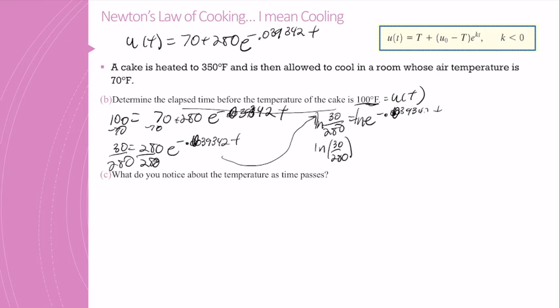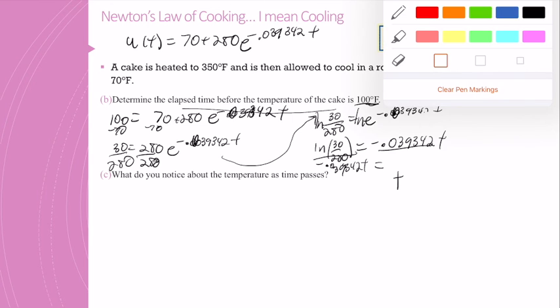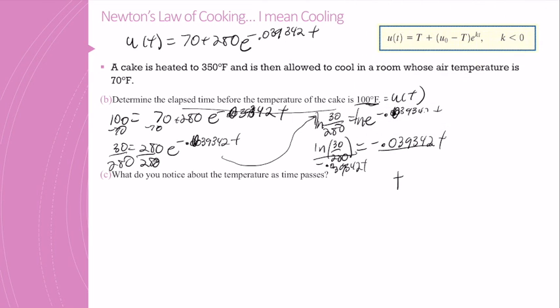That gives me that this side equals negative 0.039342 t. And I divide both sides by this constant. That's going to give me that t equals about 56.8 minutes.